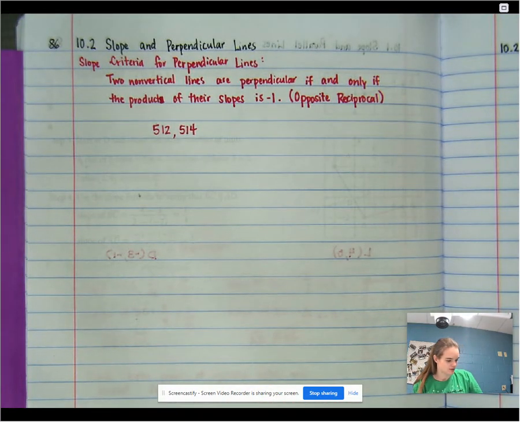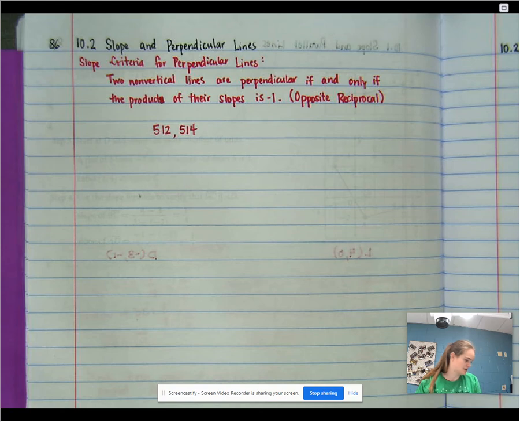I do not know what I've done with my scissors. There they are. Okay, you need number 5 from 512. Actually, you do not need a piece of graph paper. We're going to cut very carefully on number 5, and you won't need graph paper, okay?